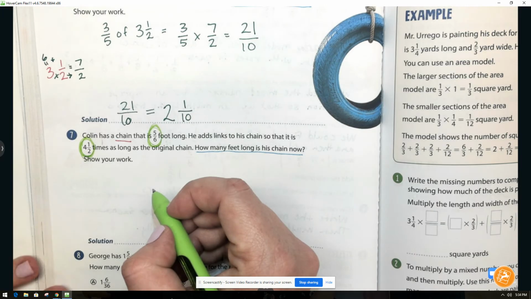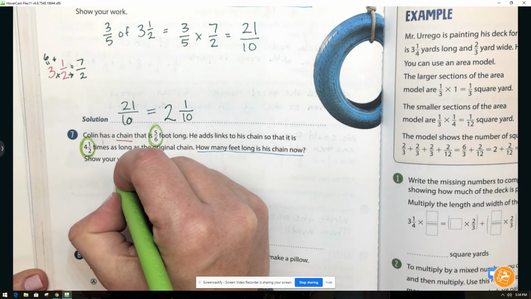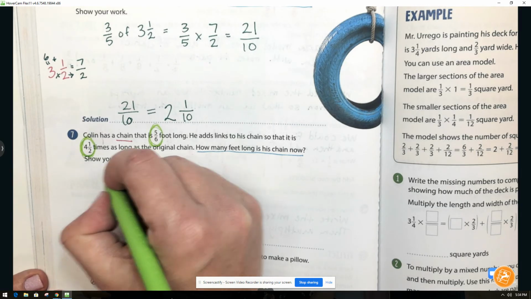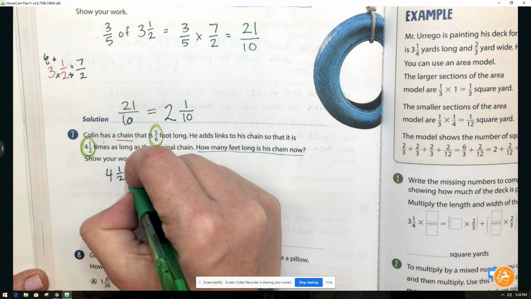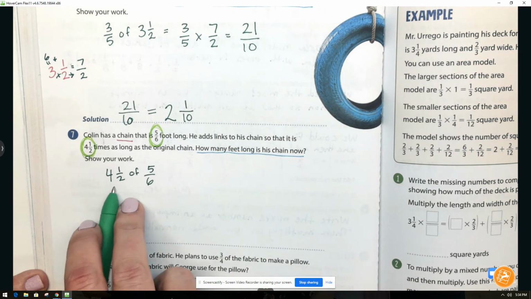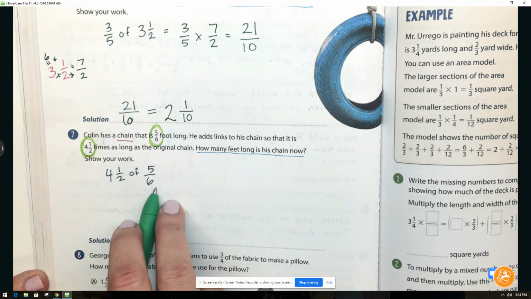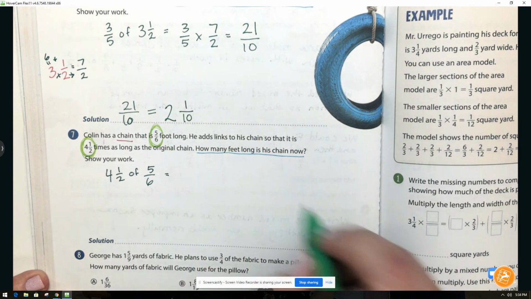So we want to know what is 4.5 times 5/6, or what is 4.5 of 5/6. So I'm going to actually break this into two different equations.